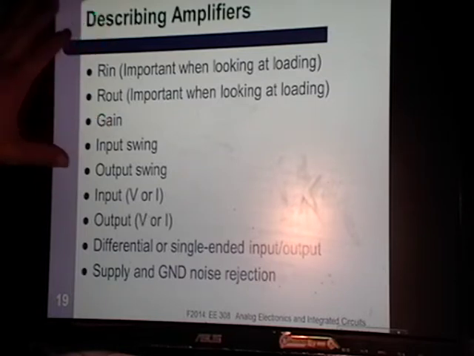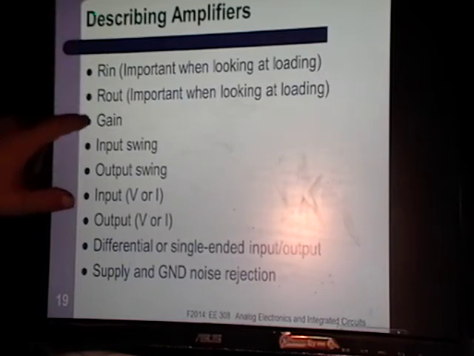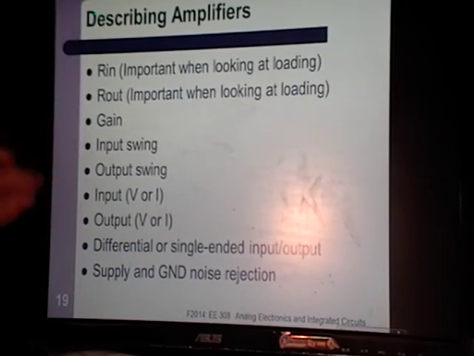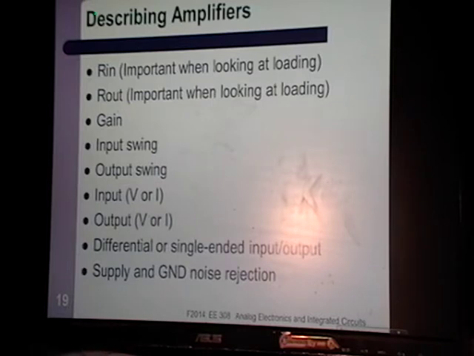So these are all things that are important to talk about when you are doing amplifiers. So your Rn, R out, gain, where you can swing your input. In the last lab, you probably found that if you didn't swing the input in the very right place... well, that's not true since you were using an AC coupling cap.